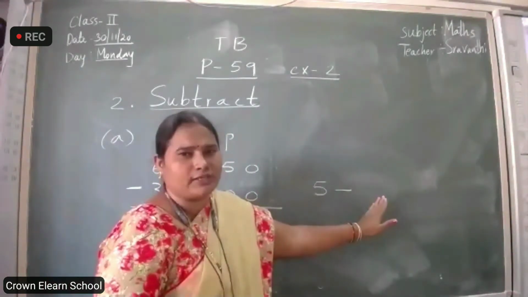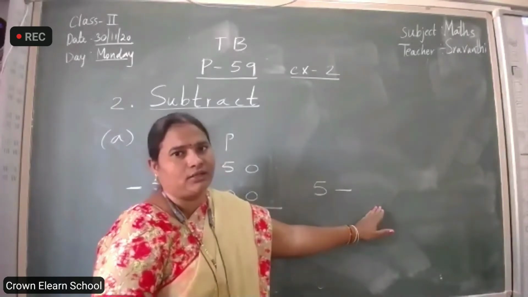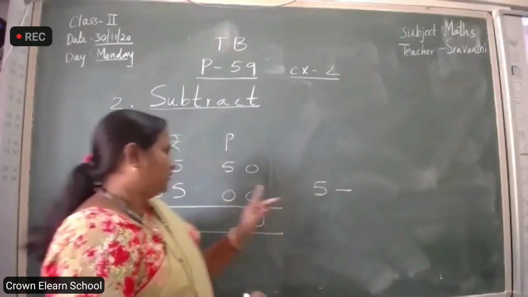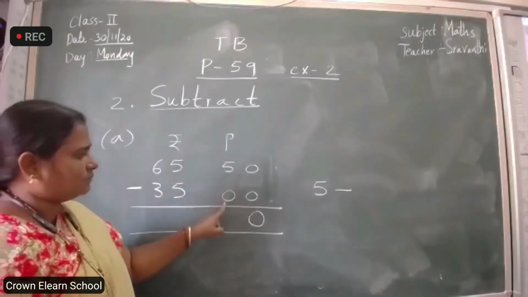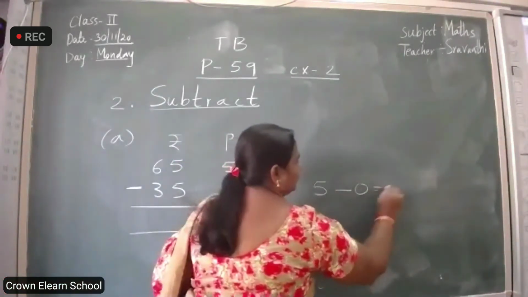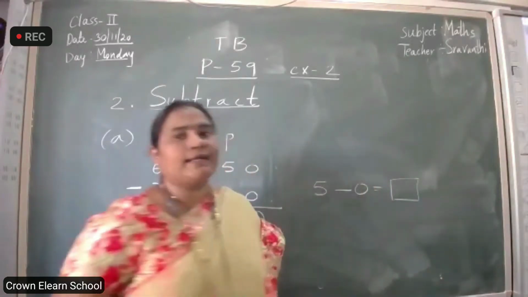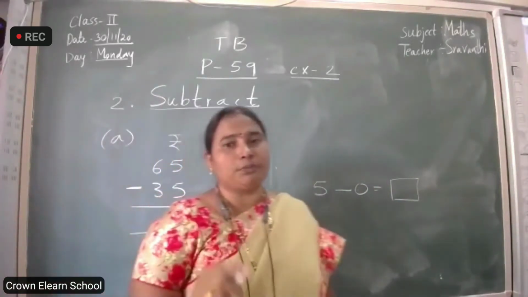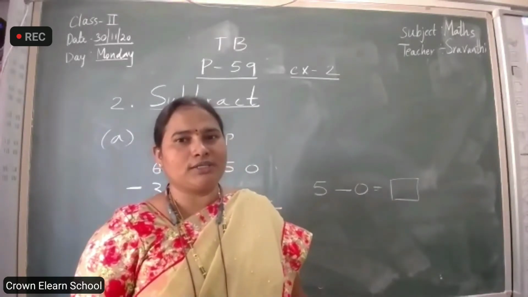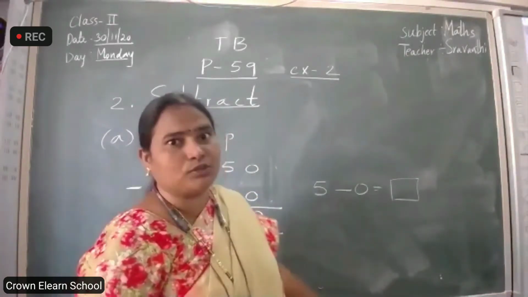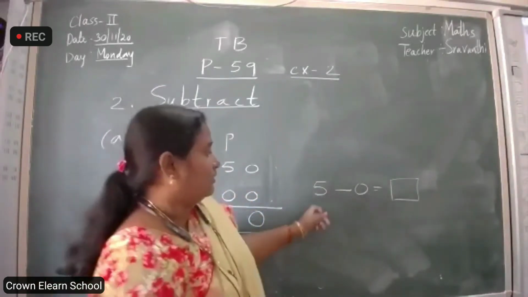For explanation, okay? I am writing this side. You don't write this, okay? 5 minus 0. You know what is the answer? You know the properties of subtraction, no? Miss taught. You got this in the exam also. Now what is the answer for this?